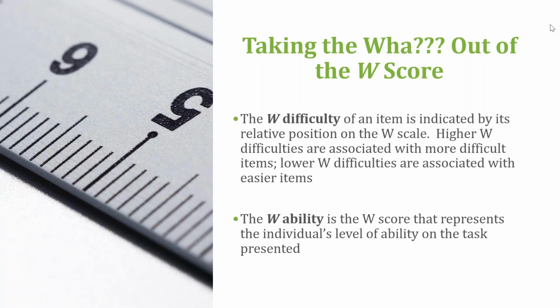So the W difficulty of an item is indicated by its relative position on the W scale. Higher W difficulties are associated with more difficult items, and lower W difficulties are associated with easier items. The W ability is the W score that represents an individual's level of ability on the task presented.